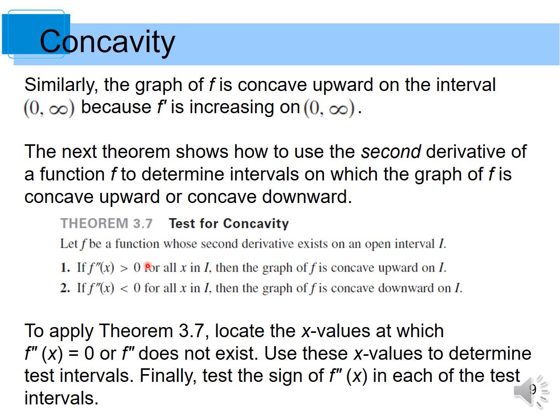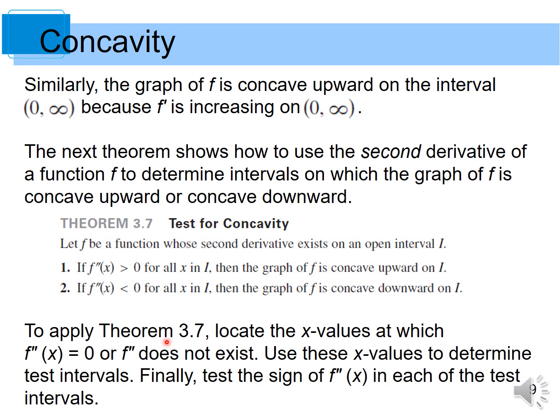Let f be a function whose second derivative exists on an open interval I. First, if f prime prime x is greater than 0 for all x in the interval, then the graph of f is concave outward on the interval. If f prime prime x is less than 0 for all x in the interval, then the graph of f is concave downward on the interval.